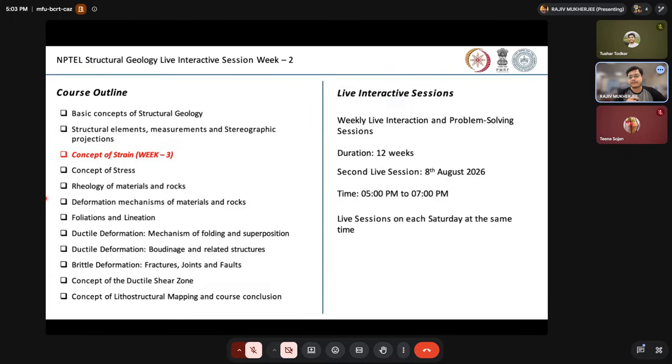About the live interactive sessions: these are weekly interactive sessions, and they involve problem solving, particularly because it will help you to solve your assignments. So this is a kind of tutorial session that includes solving multiple choice questions with some numerical problems as well, as we have already done in the previous week.